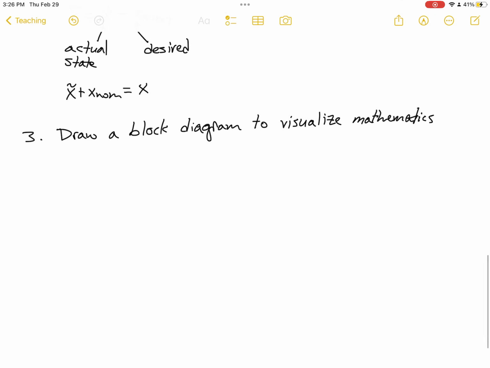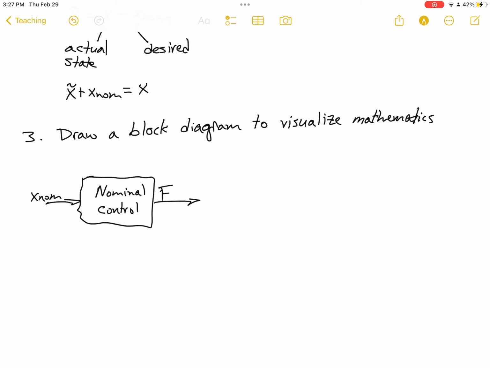So typically with a block diagram, you'll have something like x nominal going in, and if we were just going to do our nominal control, for example, then our x nominal would go into a block that says nominal control. And this block is a function that takes in some value x nominal and spits out some force nominal.